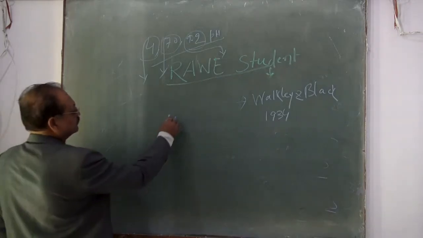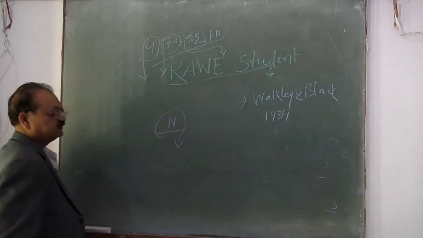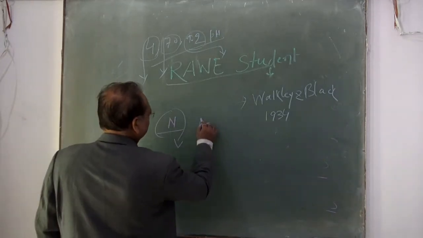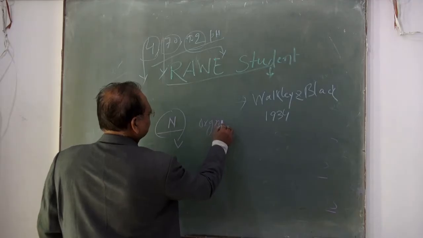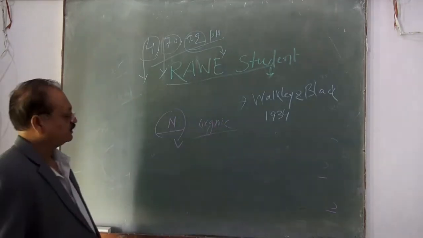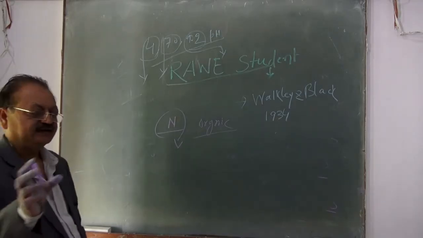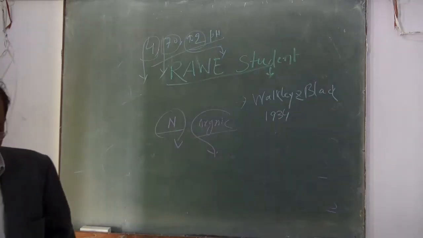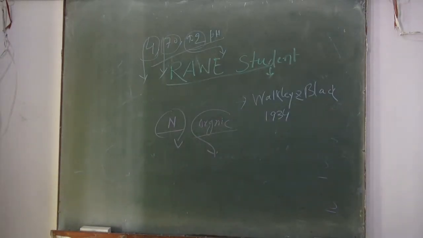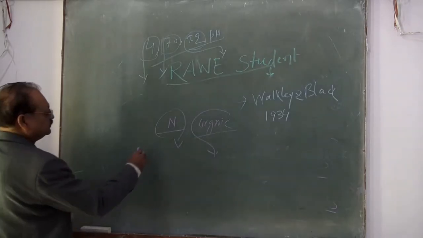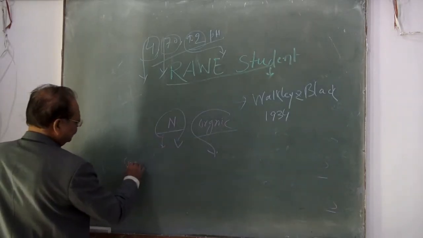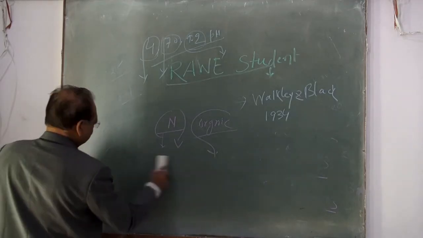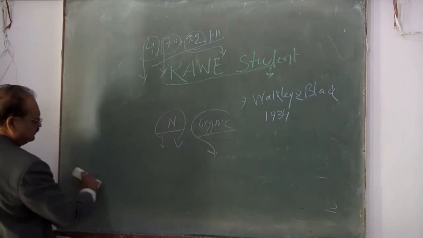We know that the majority of the nitrogen is present in the soil in the form of organic combinations. So now you have to find out the nitrogen content of the soil, what amount is present in the soil samples.